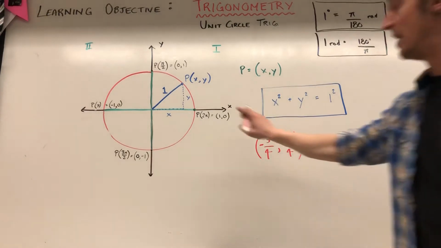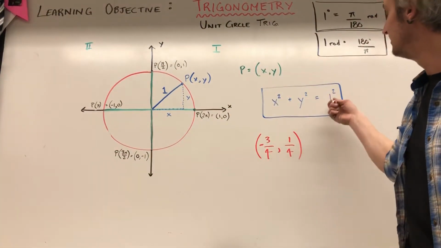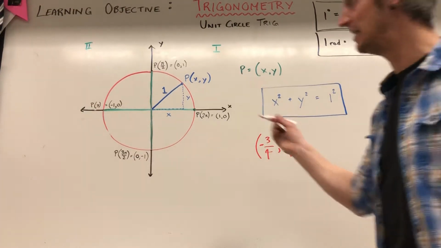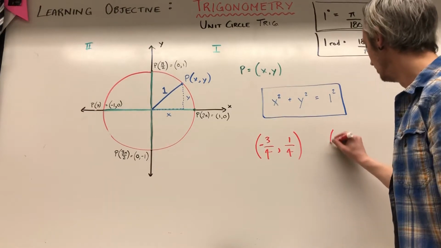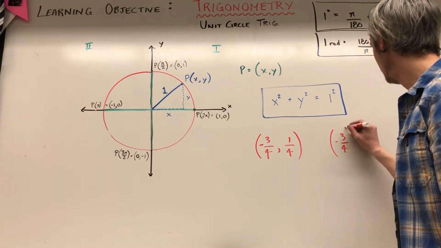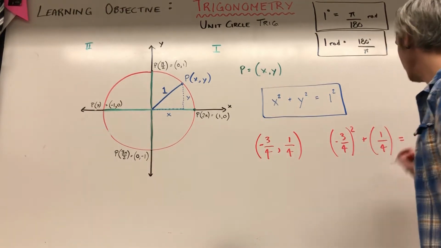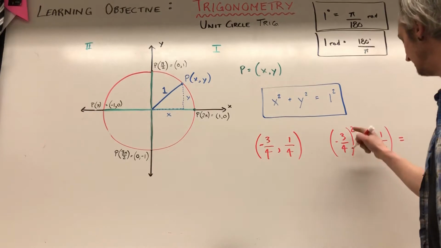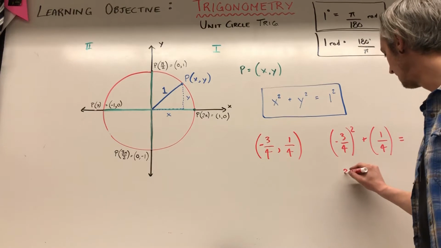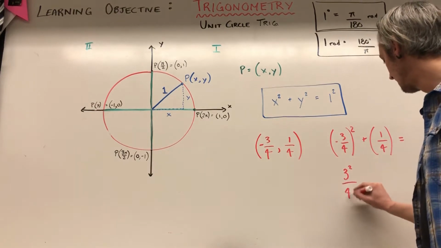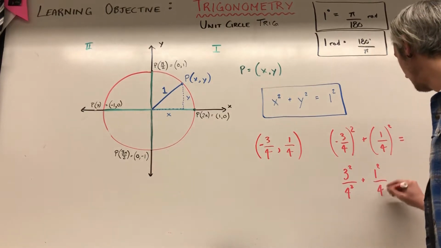But to figure out if this is on my unit circle, I have to figure out if x squared plus y squared is in fact equal to 1. Because if it is, then yes, it's on that unit circle. So let's try. Negative 3/4 squared plus 1/4 squared is equal to what? This is the same as 3 squared over 4 squared plus 1 squared over 4 squared.